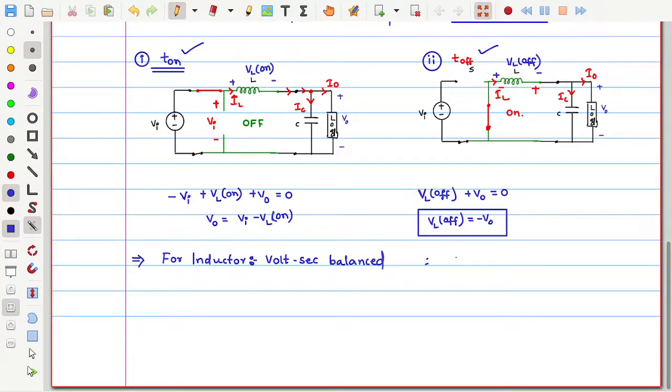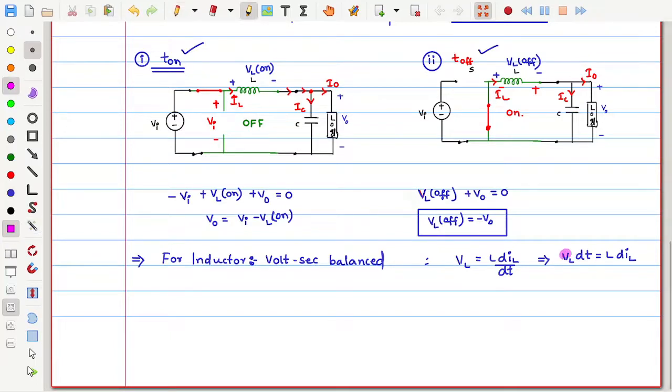And what volt second is: if you remember this expression, the voltage across the inductor is equal to L into dIL by dt. Then VL into dt is equal to L into dIL. So this is what volt second balance is.